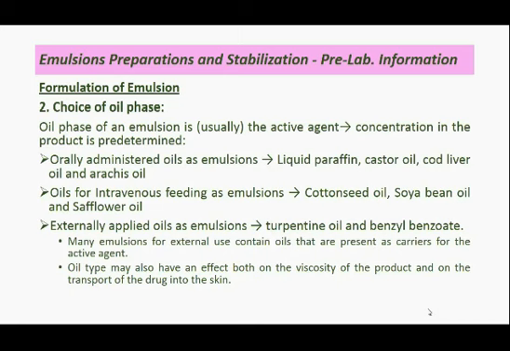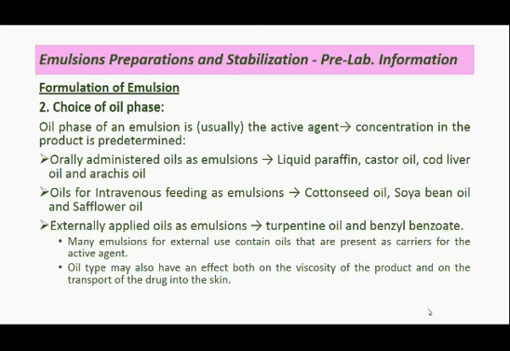While in the choice of oil phase, in many instances, the oil phase of an emulsion is the active agent, and therefore its concentration in the product is predetermined. Liquid paraffin, castor oil, cod liver oil, and arachis oil are all examples of medications which are formulated as emulsions for oral administration.